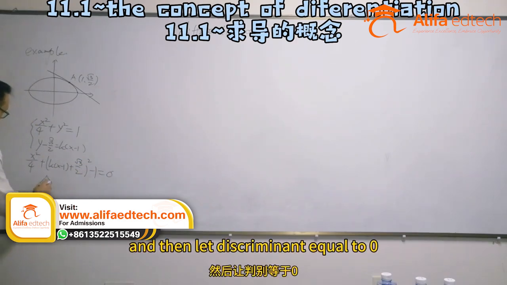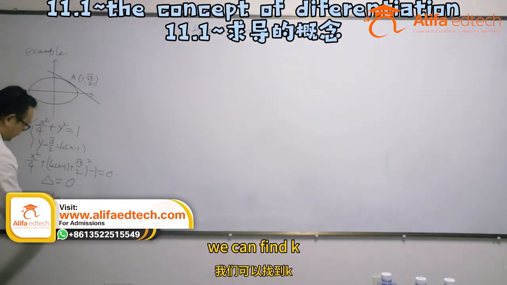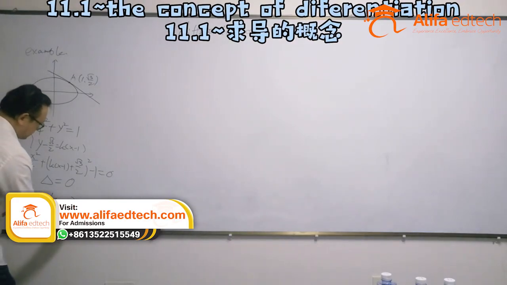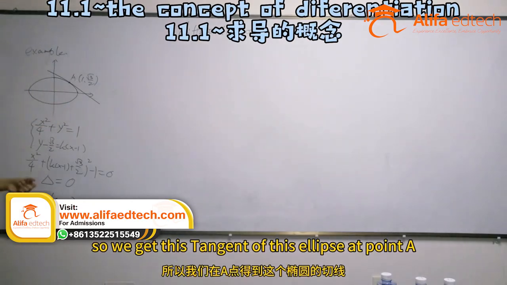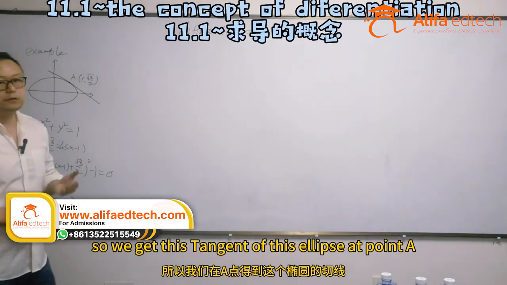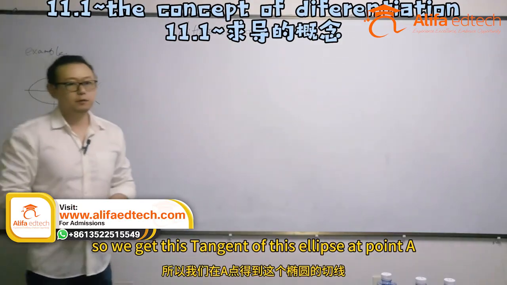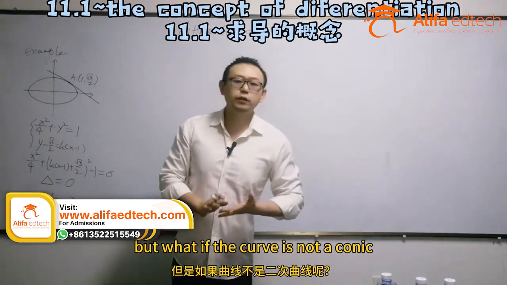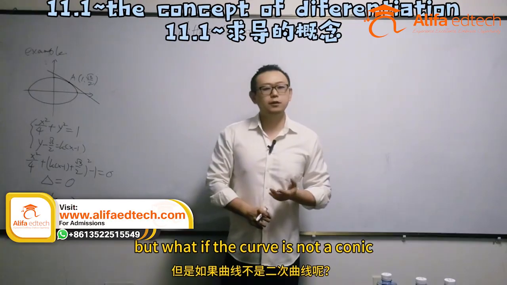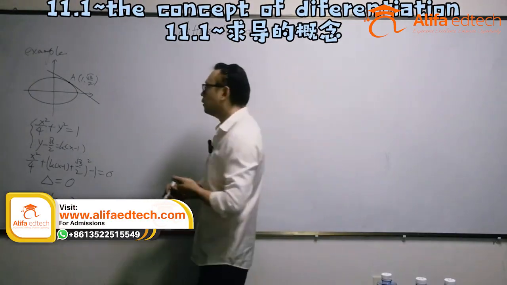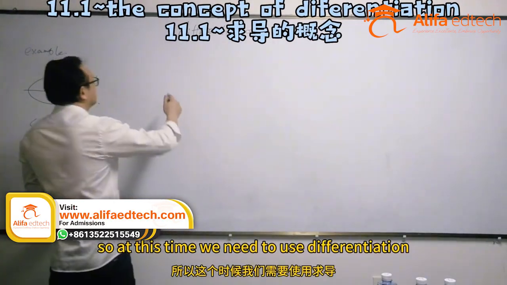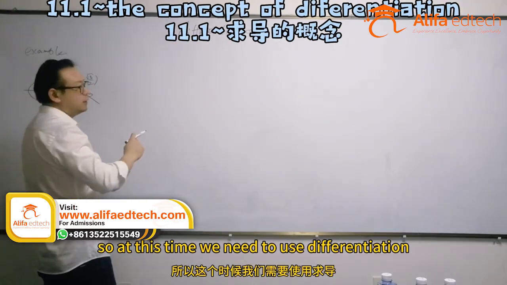And then let the discriminant equal 0, we can find k. So we get this tangent of this ellipse at point A. But what if the curve is not a conic? At this time, we need to use differentiation.